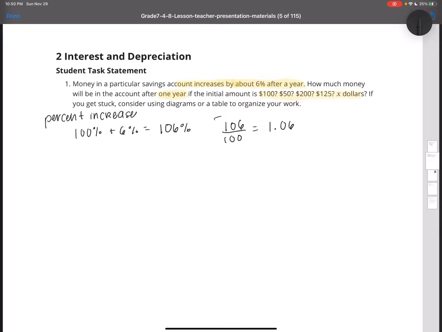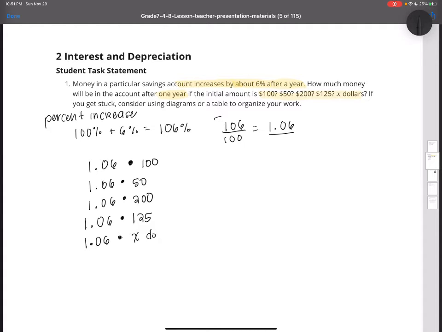So, just like what we talked about, the common strategy in every lesson, we're going to multiply the decimal value times each amount that's given to us, which will be 100, 50, 200, 125, and X dollars, because we don't know that amount.